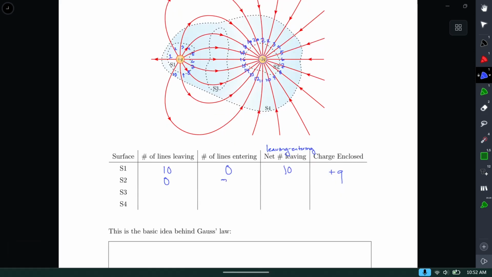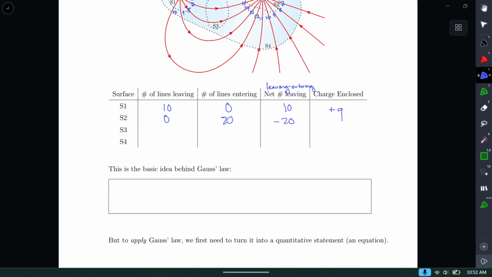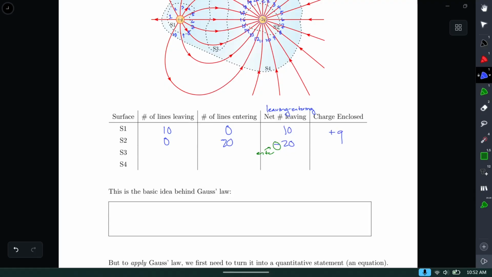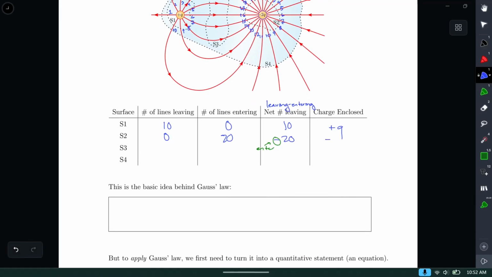I agree with you, 20 enter. So the net number leaving is 0 minus 20, negative 20, which we can interpret as just 20 enter instead of leaving. So negative 20 just means the net number actually enters the bag. How much charge is inside that bag? 2 negatives. Yeah, minus 2Q.